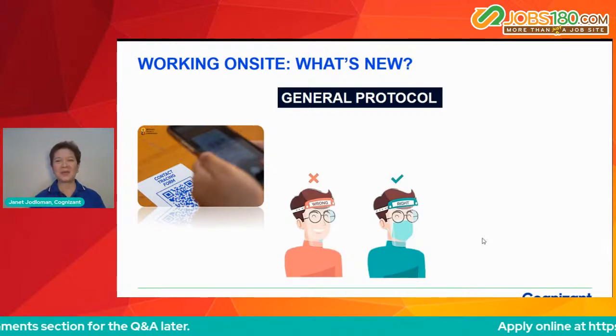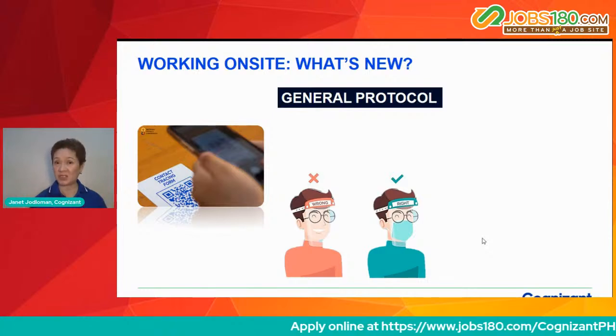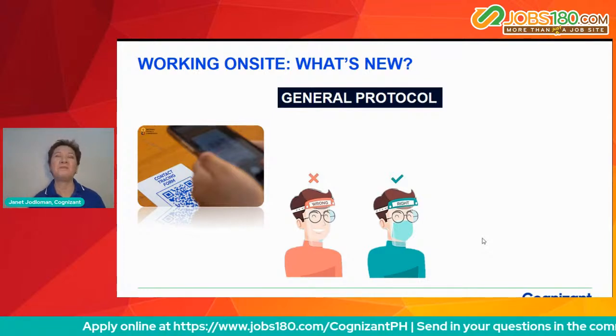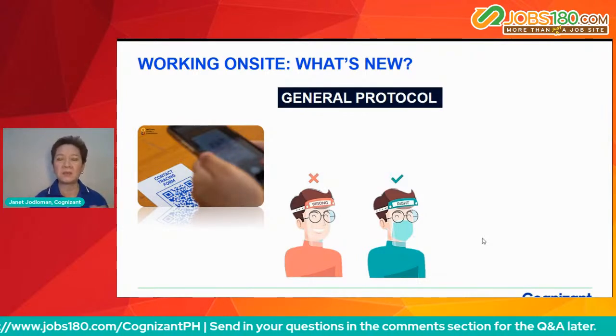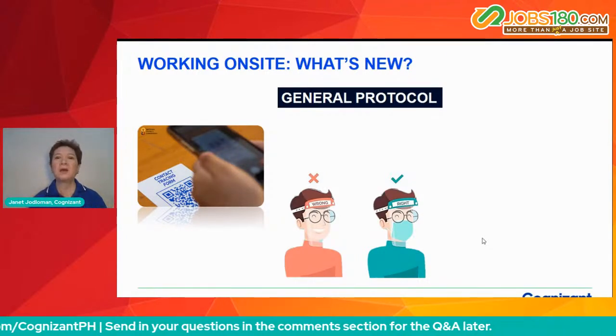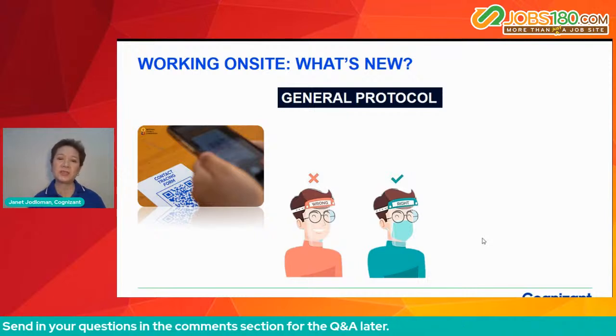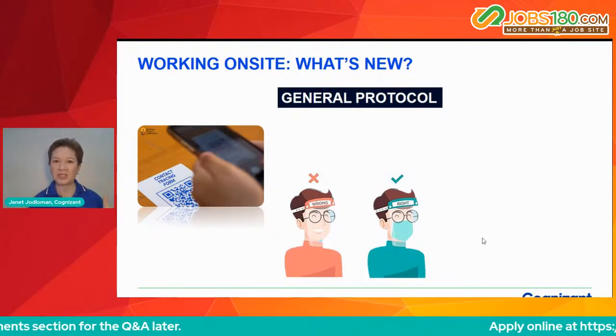Of course, this is also something that we all know, right? We all need to wear our masks and our face shields. Now, you might say, paano yan, call center or BPO? You have to be on the phones. You have to be talking to someone over the phone. Yes, we still need to keep wearing our mask and our face shield.